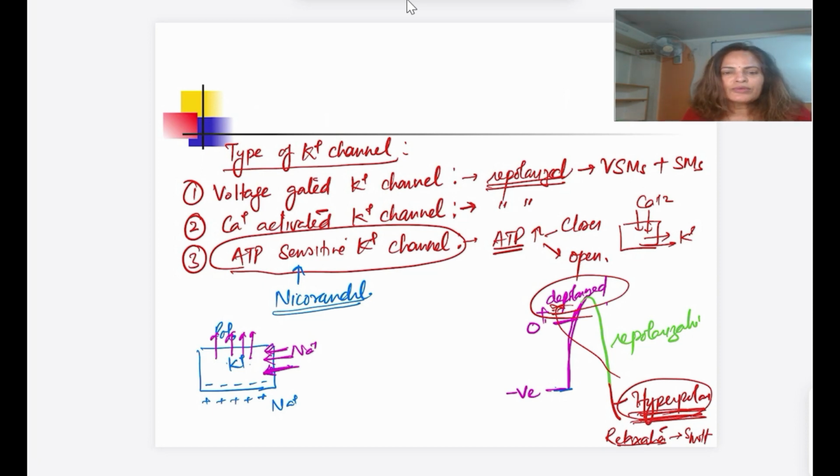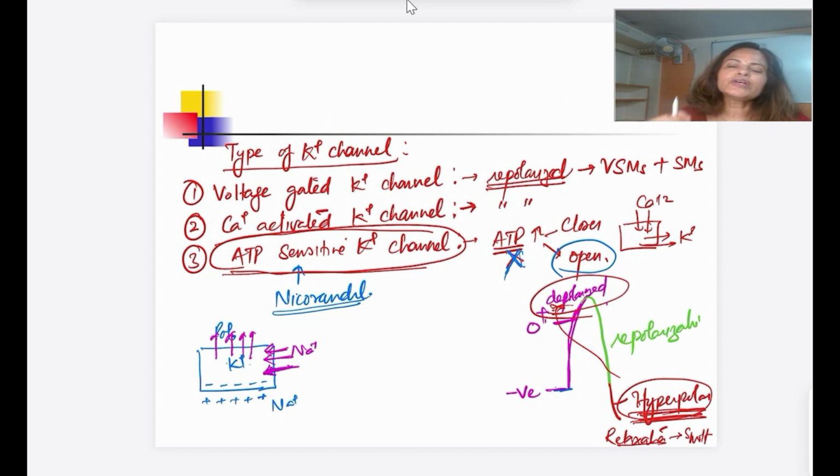Now coming back to the drug Nicorandil. How is Nicorandil going to act? It is going to bind with the ATP sensitive potassium channel and antagonize its action, and with this it is going to open this potassium channel.